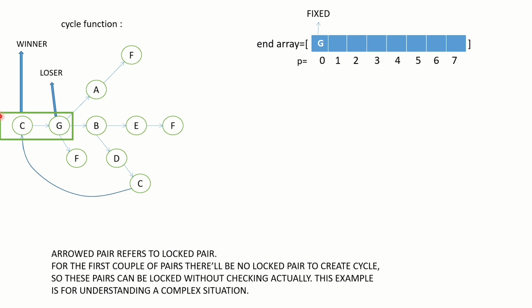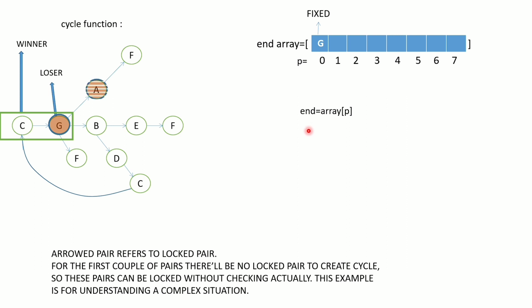Suppose we have a pair where the winner is C and the loser is G. The winner and loser are fixed, and the first element of the array is also fixed, and that is the loser. The array of 0 is G, it is fixed. Okay, so we have declared this. We will keep track of our path in this array.